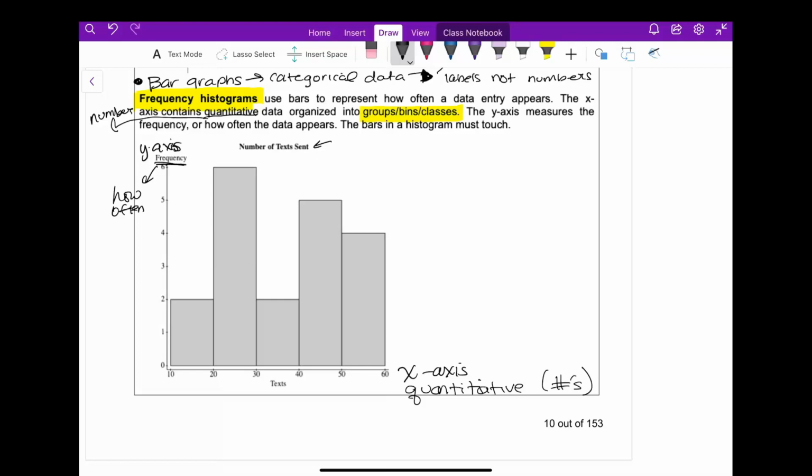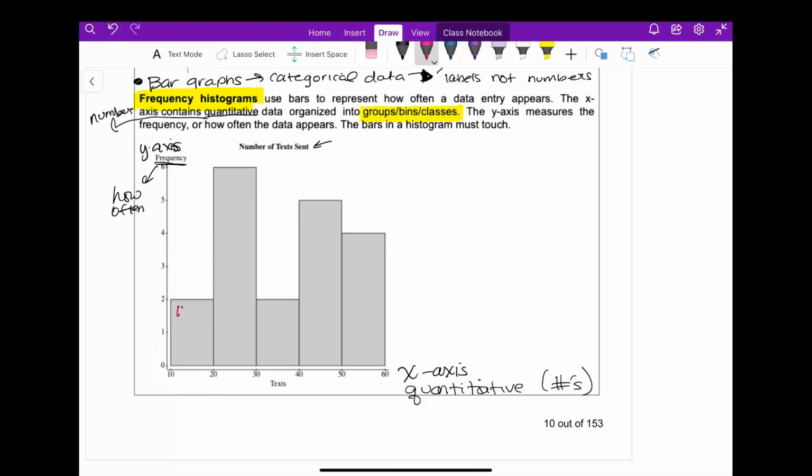And then here are the bins. Let's talk about the groups or bins. One of the cool things about histograms is that the data is grouped. So this whole entire bar represents from 10 to 19, or any number slightly before 20.